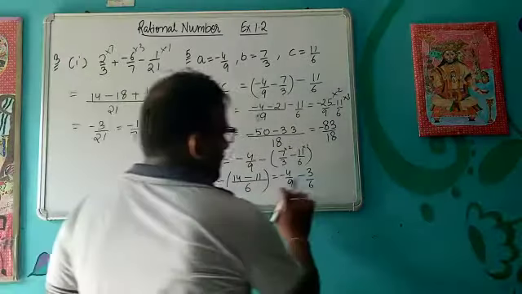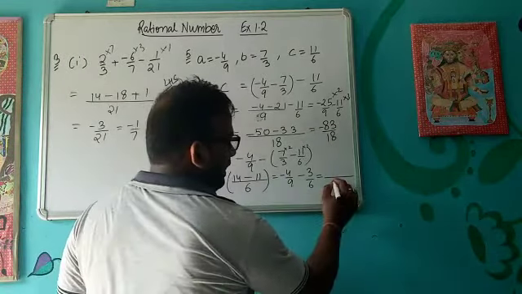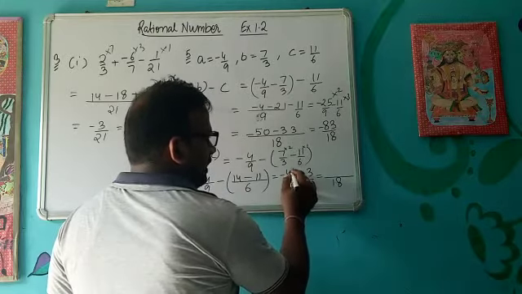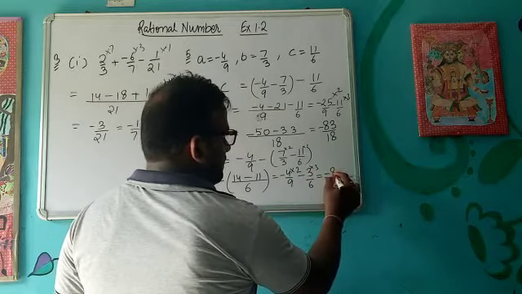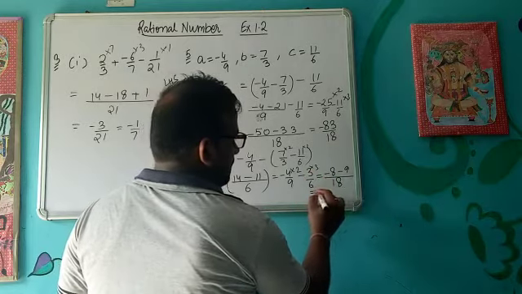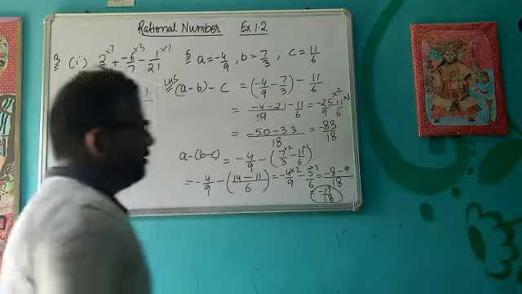Then again we will take the LCM of these two. So what is the LCM? 6 and 9, 18 will be the LCM. 9 into 2 is 18 and 6 into 3, so minus 8 minus 9, minus 17 upon 18. Okay.